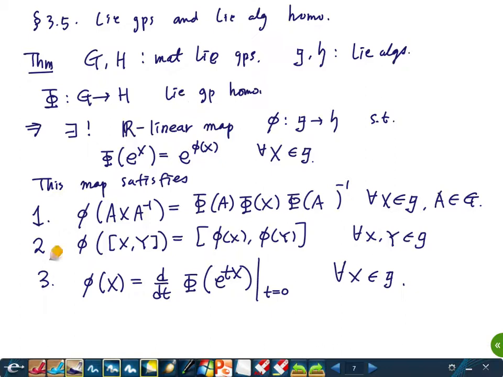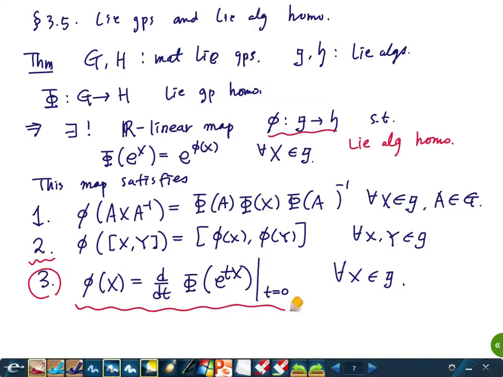This third property will be used later to compute this one.